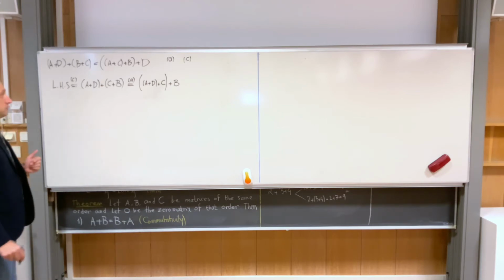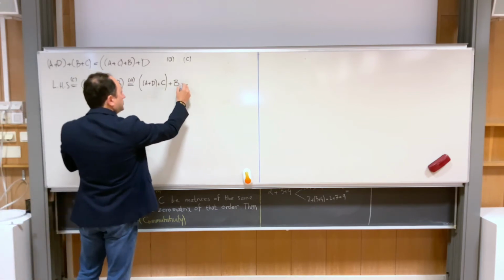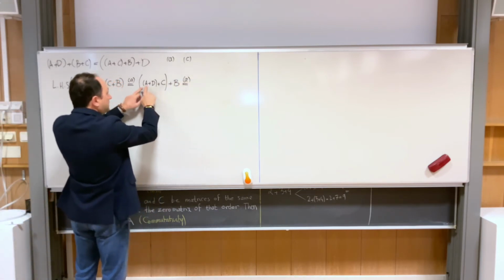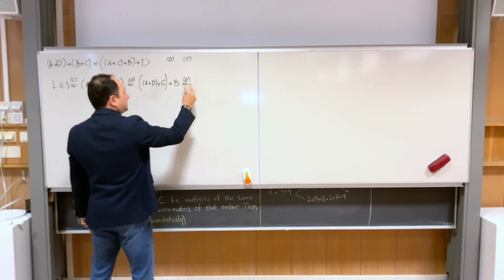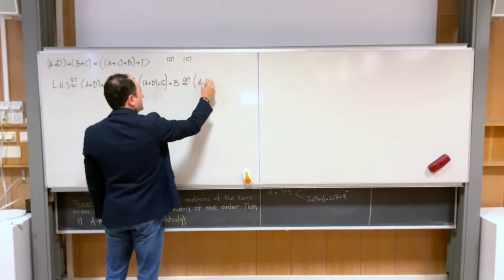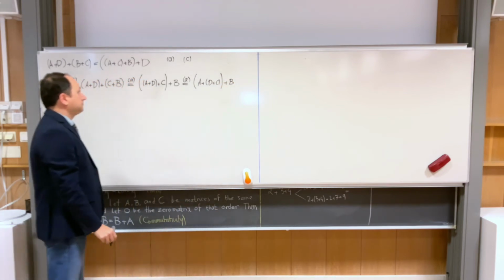Okay, so that's one way. And then what I do, again, I use associativity because here I have three matrices added together. I am allowed to remove these pair of brackets and put them around these two. So then it becomes A plus (D plus C), and then I have B at the end.